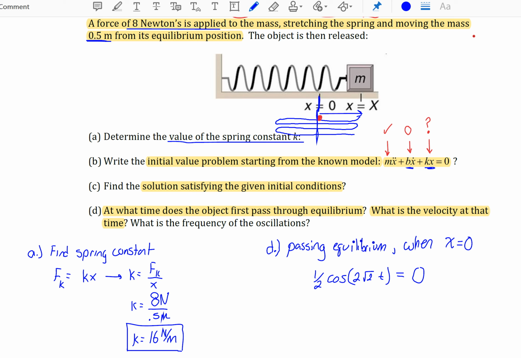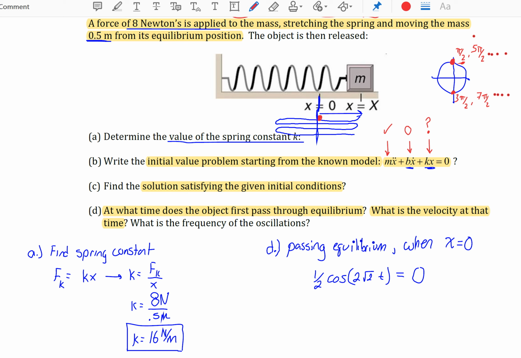So what you should remember from trigonometry here is that the only time the cosine function is equal to 0, I'm going to draw a unit circle here, is at one of the odd multiples of pi over 2: pi over 2, 3 pi over 2, 5 pi over 2, 7 pi over 2. There's a whole bunch of them. But we want to know the first time, and that's going to be at pi over 2.